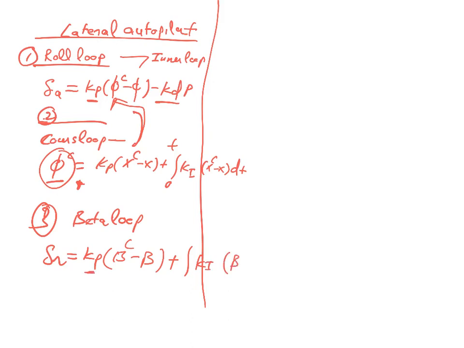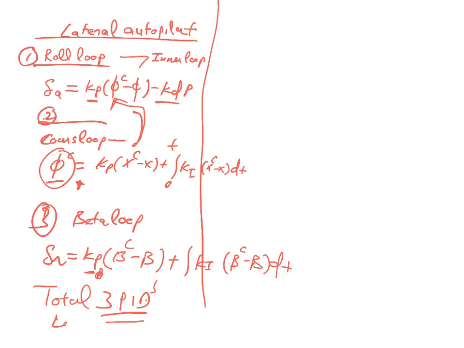I'm keeping these names the same, so the parameters should be Kp beta and so on. So there will be a total of three PIDs for the lateral autopilot.